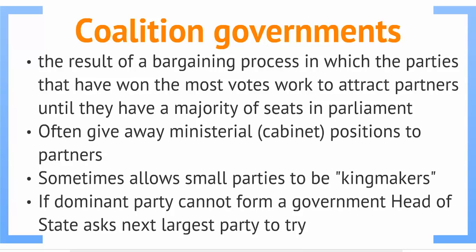Indeed, potential coalition partners are actually in a great position of power many times, and small parties can often be what we'll call kingmakers, as when the dominant party cannot form a government, the head of state may go back and ask the second largest party in Parliament to have a try at forming a coalition. So the small parties are kingmakers in that they can actually sometimes choose the next government.